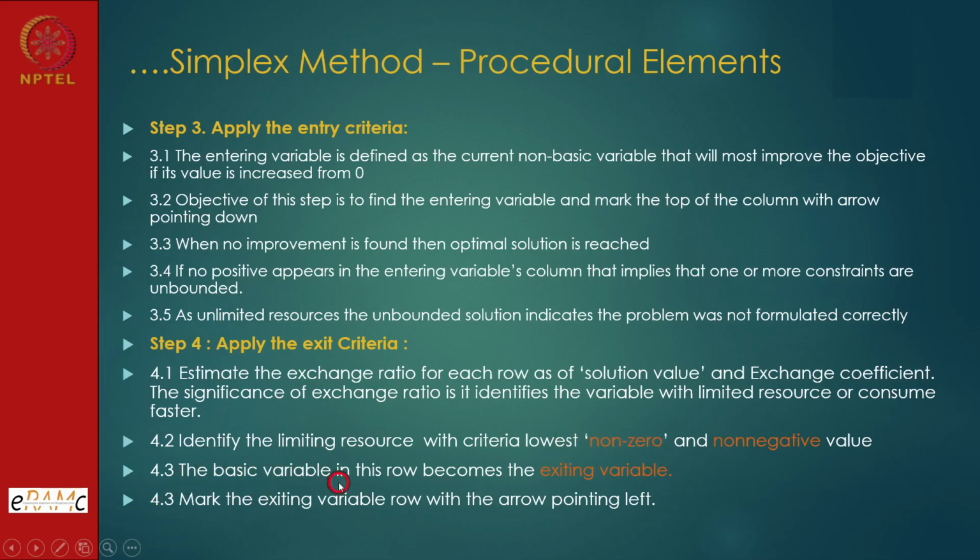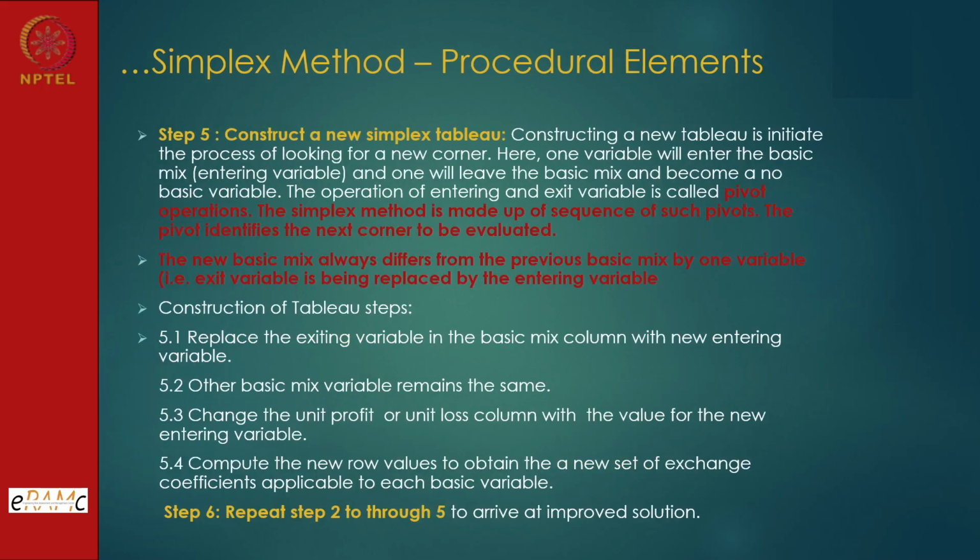The basic variable in this row becomes the exit variable. So now you have identified the exit variable also. You identified the entry variable, and you identified the exit variable. Mark the exiting variable with an arrow pointing to the left. I showed you on the slide what we have to do. This is a very important operation, a key to solving the simplex problem.